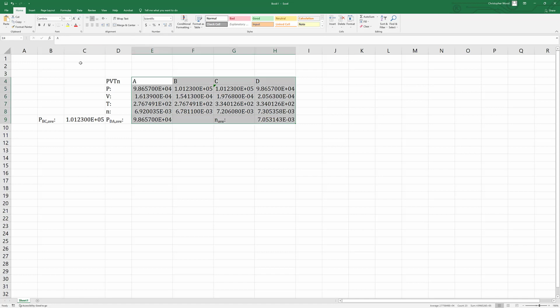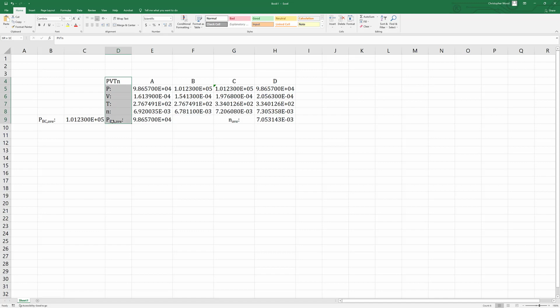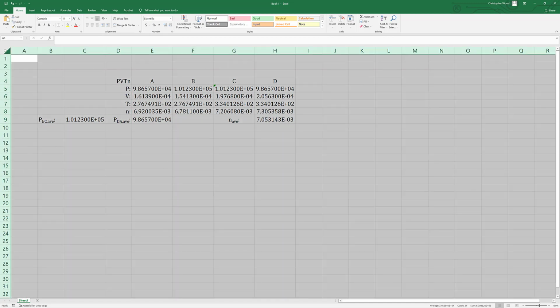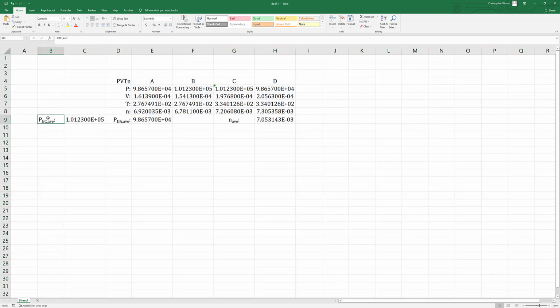Let's do a little bit of formatting right now. I'm going to highlight all of these cells right here. Center justify, middle justify. I'll take all of these cells right here and middle justify. In fact, I think I'll do a global select right now and choose middle justify. Let's right justify PBC average. Done.